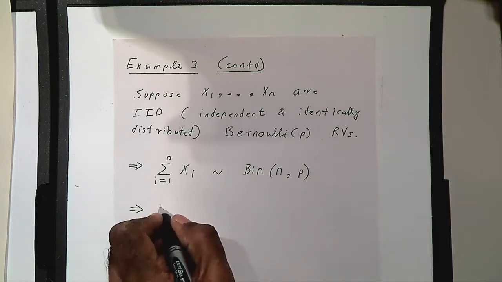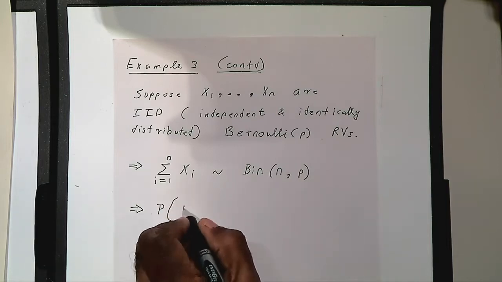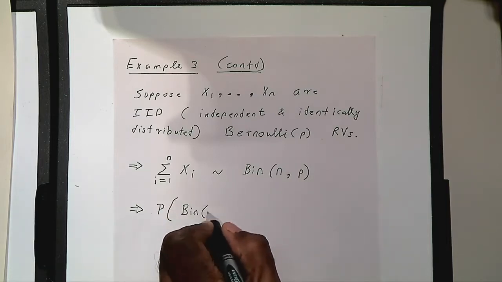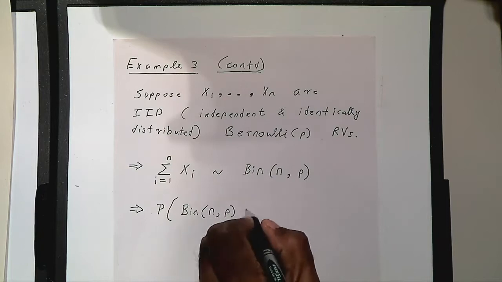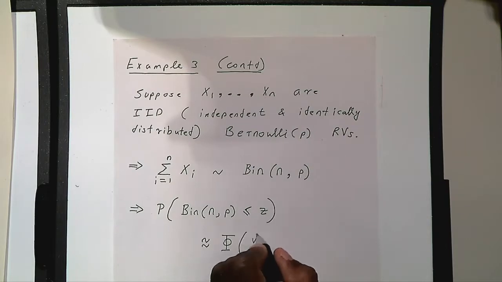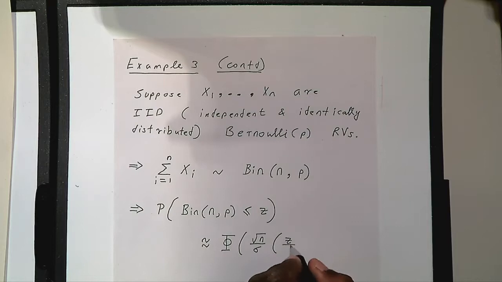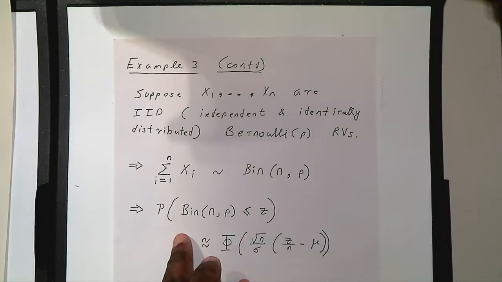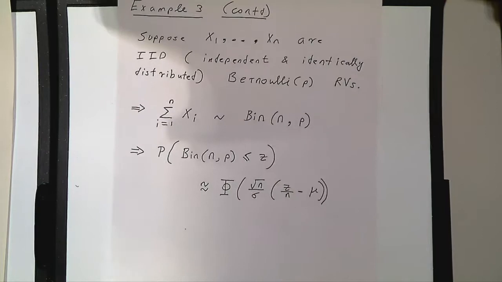This implies that the probability, or the CDF of a binomial random variable, can be approximated by this if n is large, for n large.